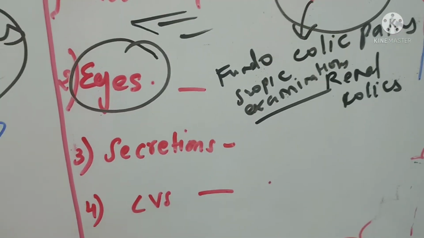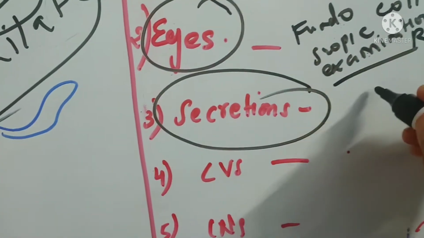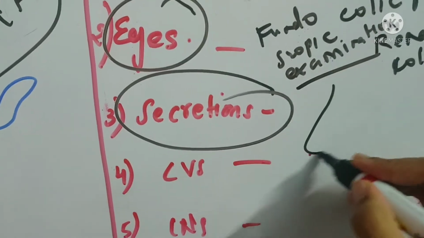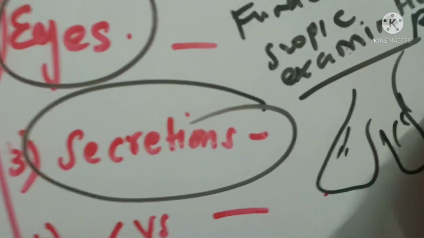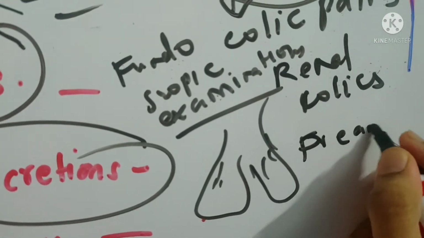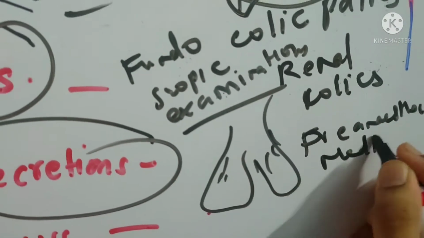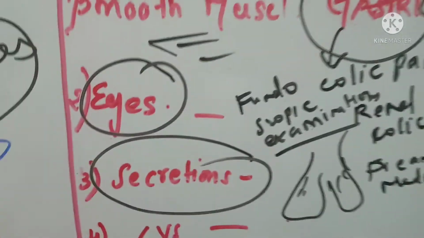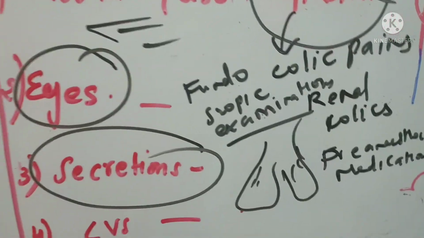And moving on to the secretions, as you all know, it suppresses the bronchial secretion. So atropine is used as a pre-anesthetic medication as it reduces the secretions.